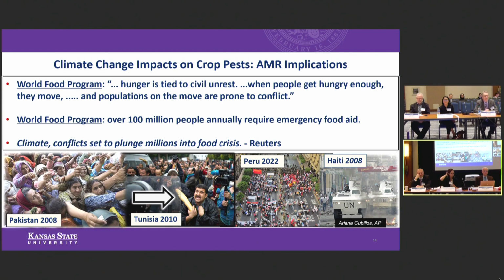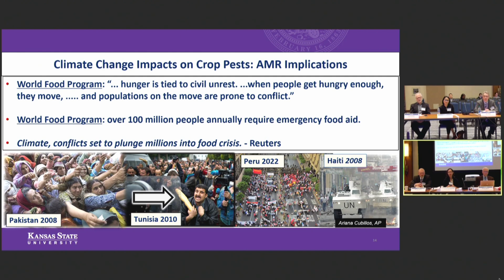In 2008, we had food riots in over 30 countries, resulting in the overthrow of 2 governments. The center image, Tunisia, 2010. Although there were many underlying issues, it was the dramatic increase in the price of wheat, the price of bread, that drove the people into the street for those protests in Tunisia that spread across northern Africa into the Middle East, the repercussions of which we're still facing today.